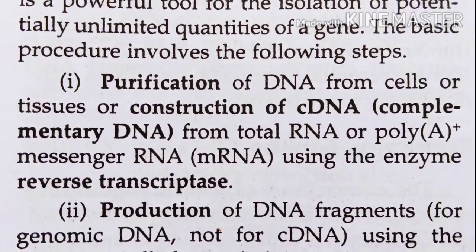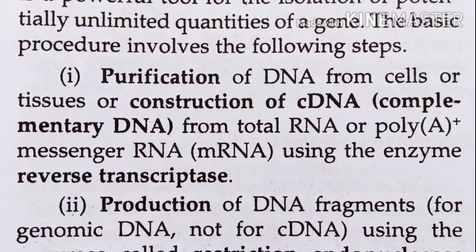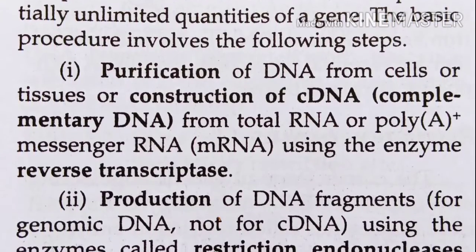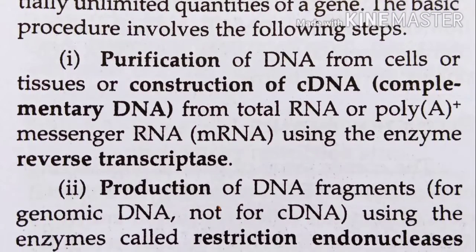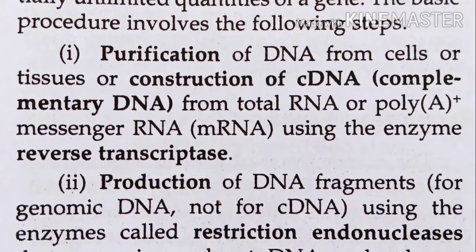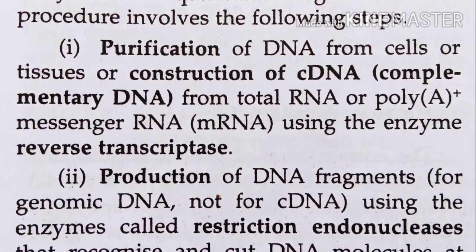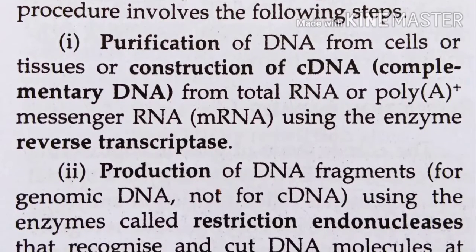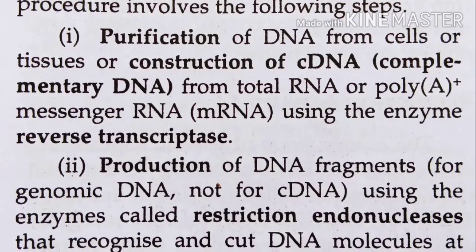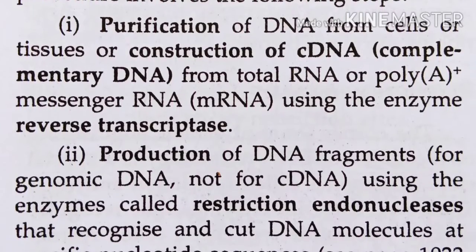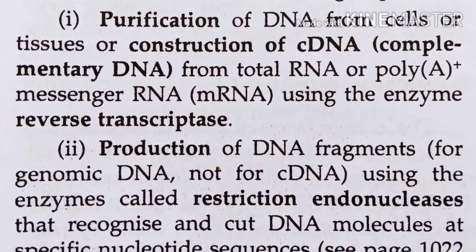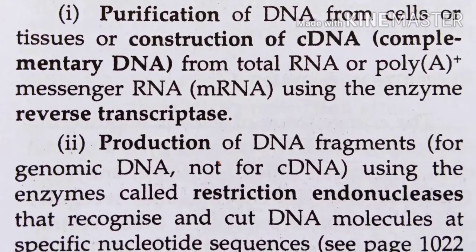At first, the purification of DNA from cells or tissues, or construction of cDNA, or complementary DNA, from total RNA or poly A messenger RNA, or mRNA, using the enzyme called reverse transcriptase.